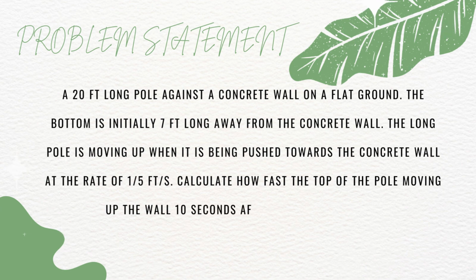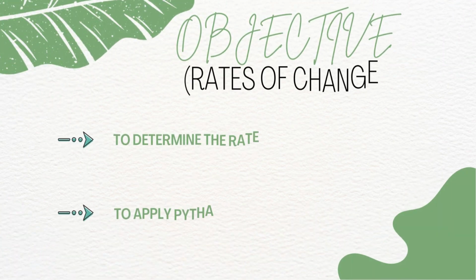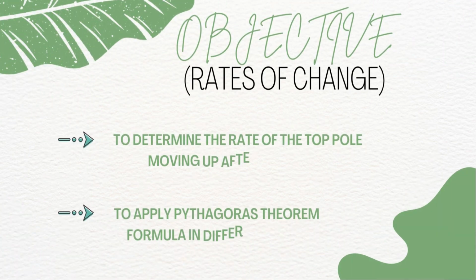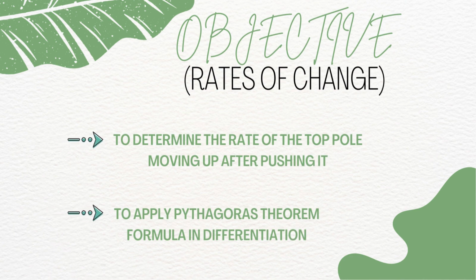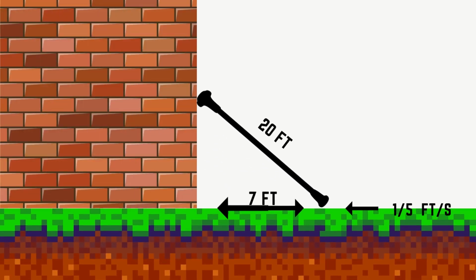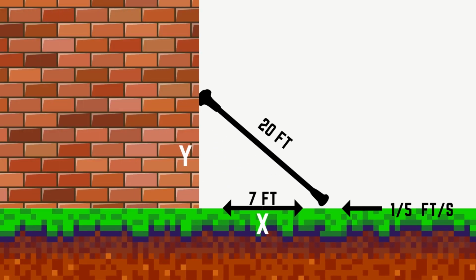Calculate how fast the top of the pole is moving up the wall 10 seconds after we start pushing. The objective is to determine the rate of the top of the ladder moving up after pushing it, and to apply the Pythagoras theorem formula in differentiation. So, here is the image of the situation.